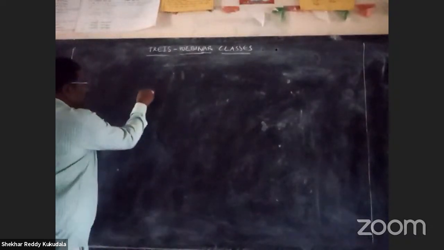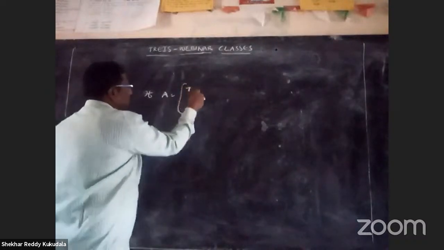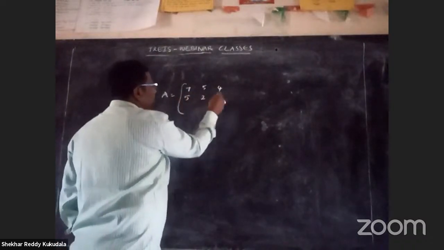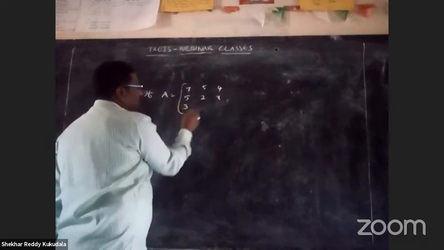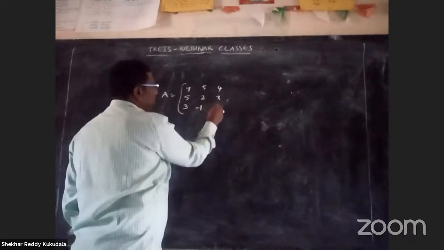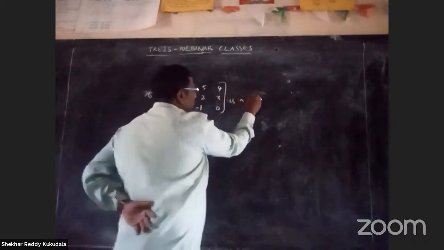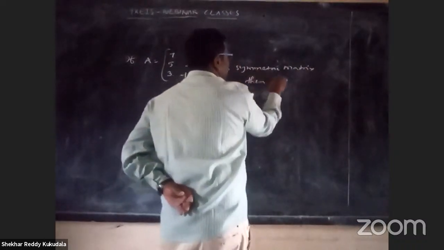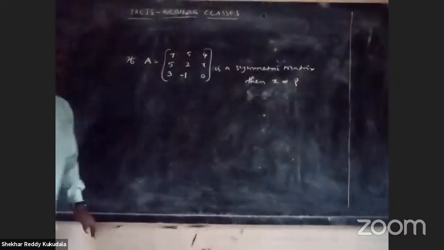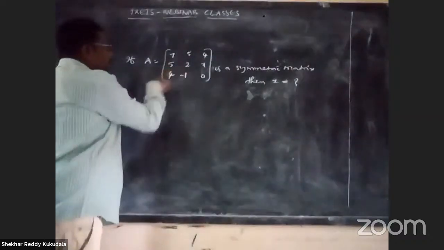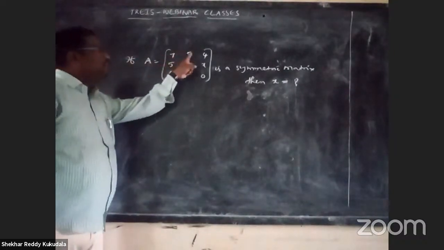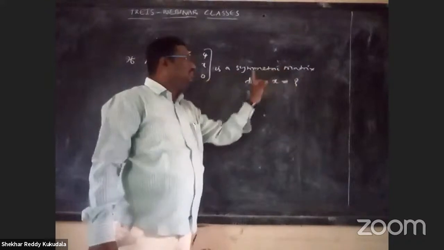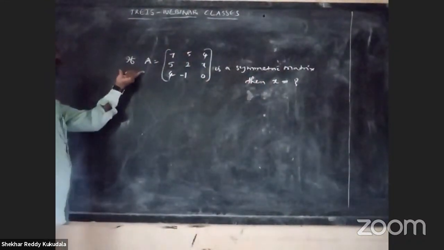See here, if A is equal to 7, 5, 4; 5, 2, x; 4, minus 1, 0 is a symmetric matrix, then what is the value of x? You need to be careful.